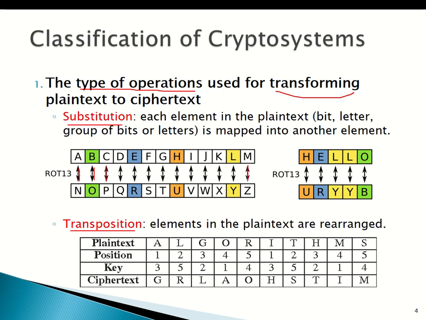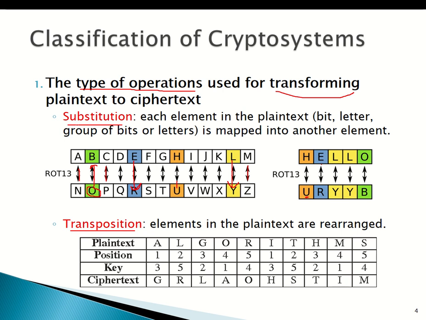Each letter is mapped to another letter, right? For example, for hello, H will be mapped to U, E will be mapped to R, L will be mapped to Y, and the same thing here, and O will be mapped to B. So hello becomes U, R, Y, Y, and B.